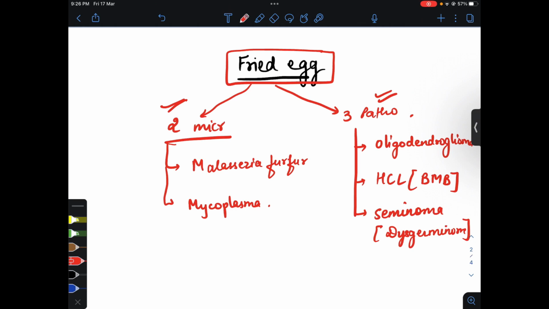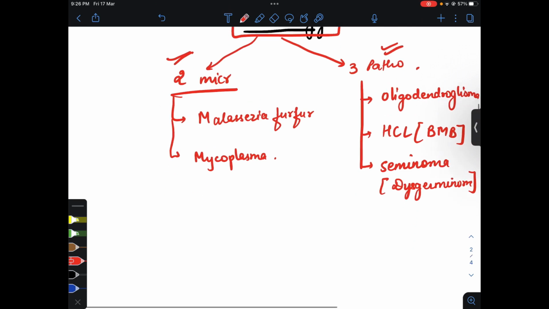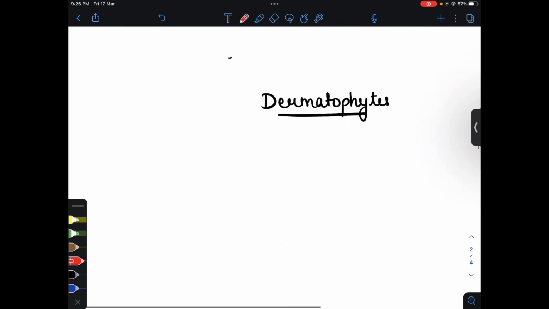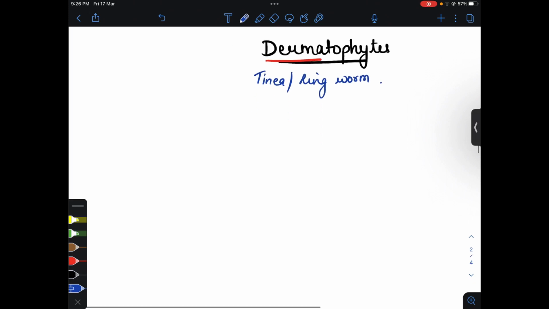Now let's move to the other group of fungi, the dermatophytes. Derma means skin, phytes, dermatophytes. Whenever we see tinea or ringworm, these are tinea or ringworm diseases. Dermatophytes include 3 types.